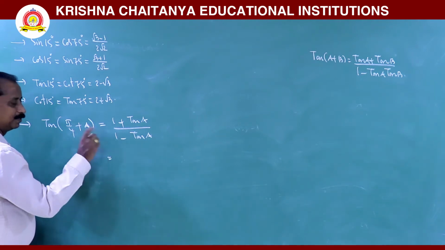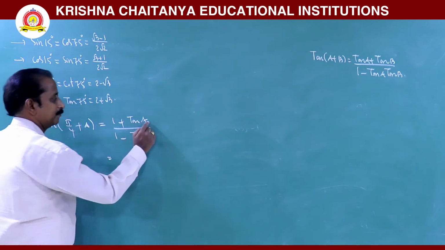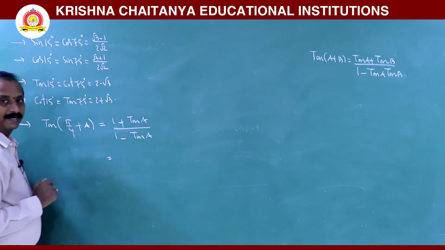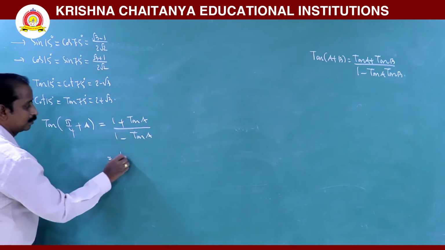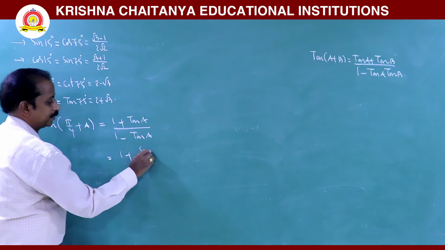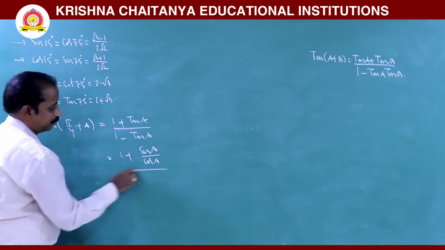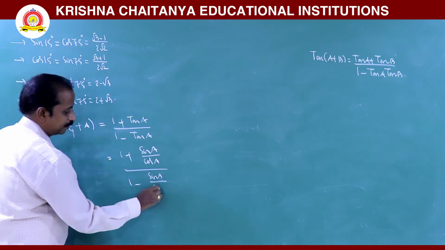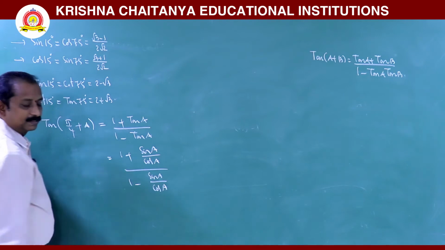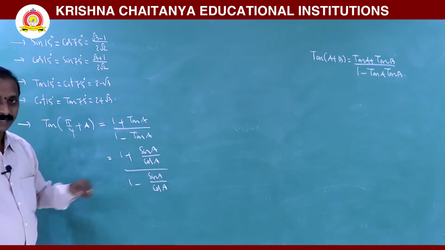We can convert it completely into sin and cos. This is possible when we write tan A as sin A by cos A. So 1 plus sin A divided by cos A, whole divided by 1 minus sin A divided by cos A. Taking LCM cos A, they get cancelled.